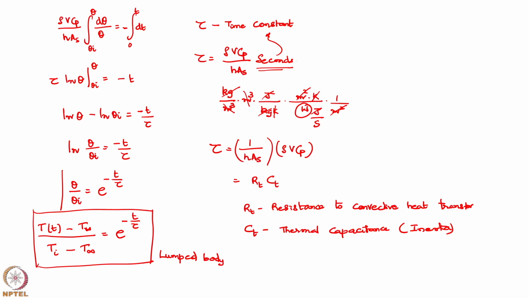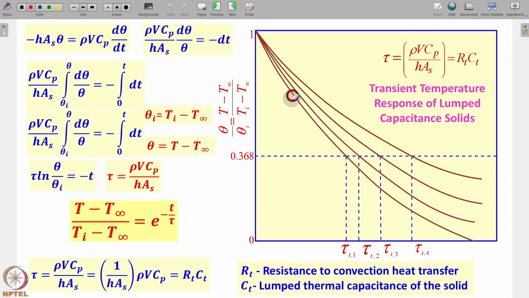Now if I were to plot this temperature distribution, the y axis is theta, that is T minus T infinity upon Ti minus T infinity, and the x axis is time. This is how the temperature is dropping exponentially.